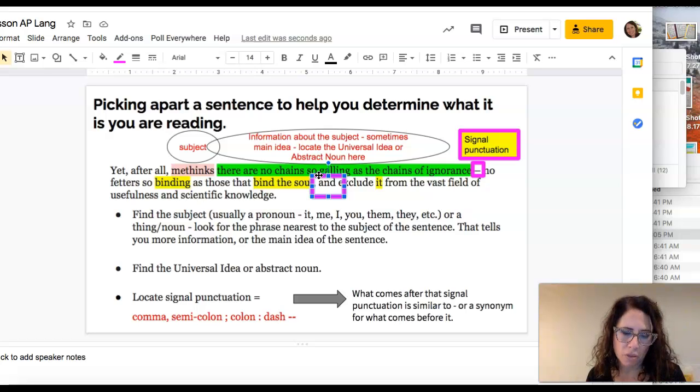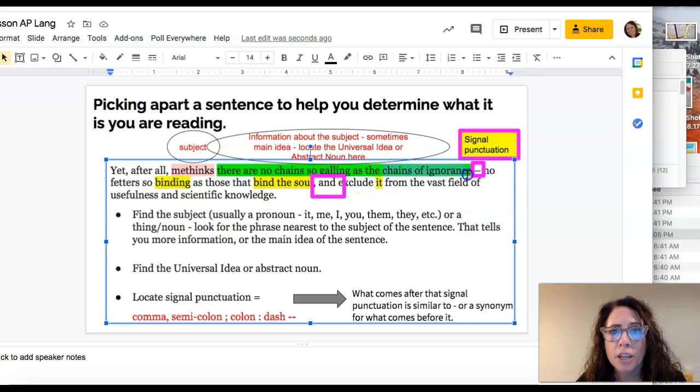It's not something that we can hold in our hand. It's abstract. And she extends this by using a metaphor connected by of, right? So chains of ignorance. Okay, so that's our main idea, chains of ignorance.